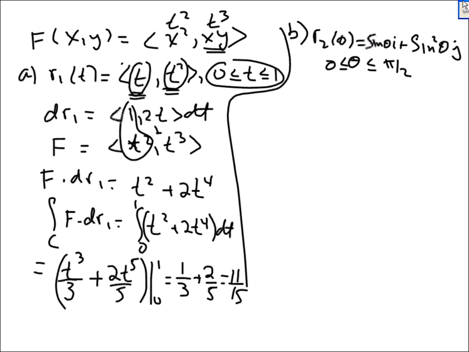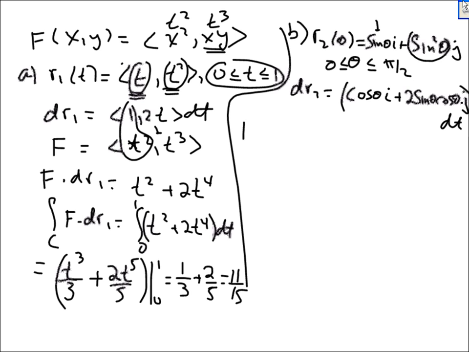So dr2 would be cosine theta i plus 2 sine theta cosine theta j, all times d theta. And f is still the same as above.